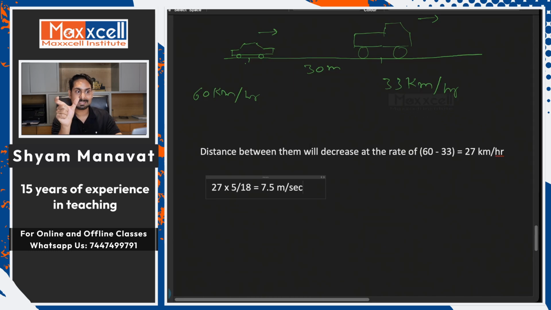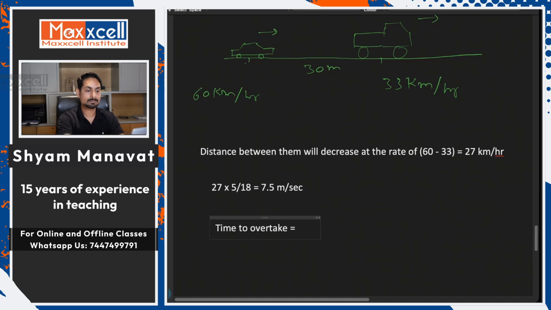So the distance will decrease at this rate. How much time will it take? So the time to overtake will be equal to distance by speed. I hope you remember this. What is the formula for time?